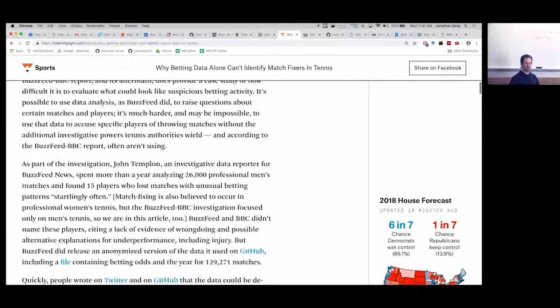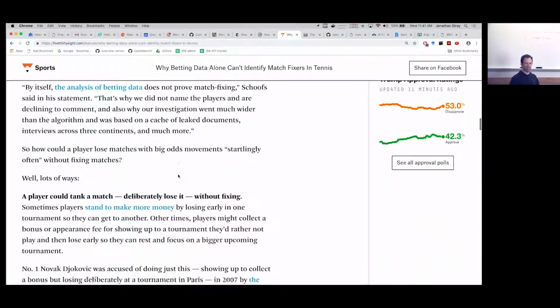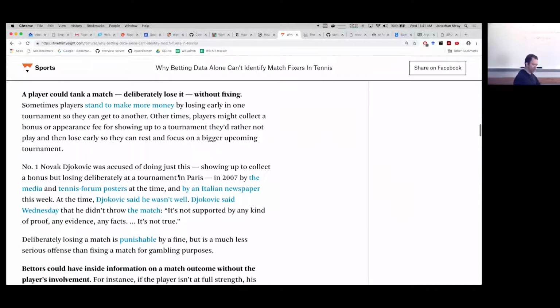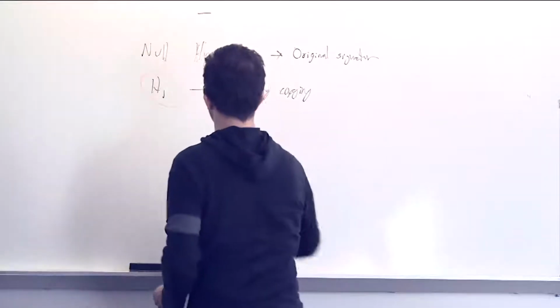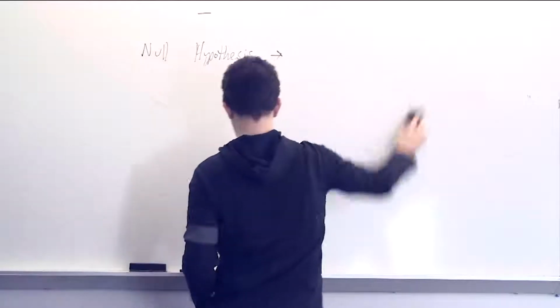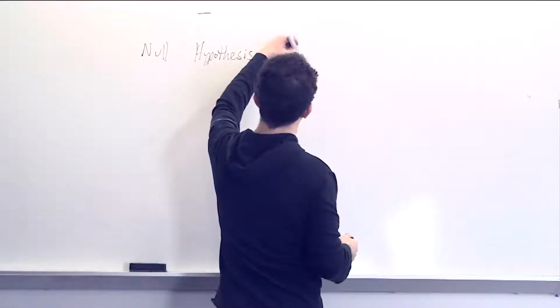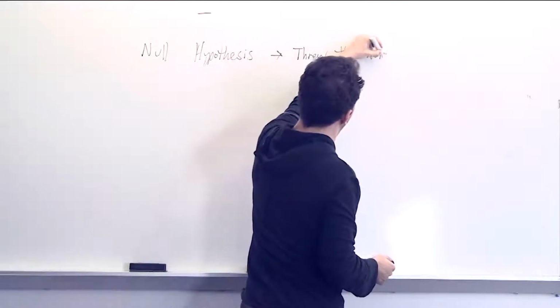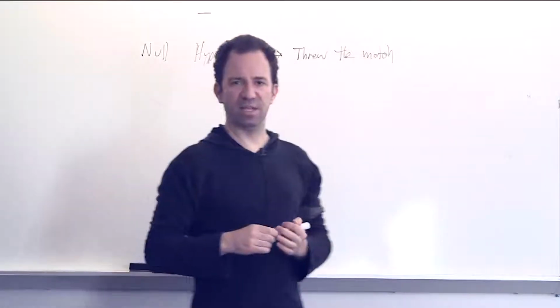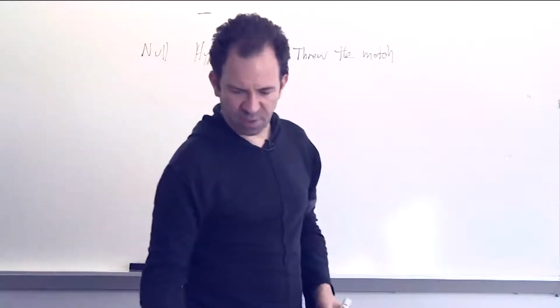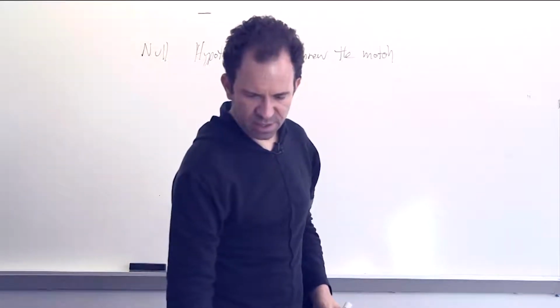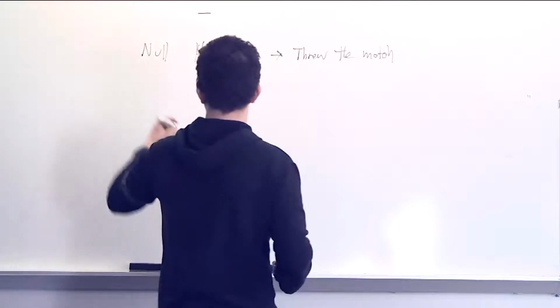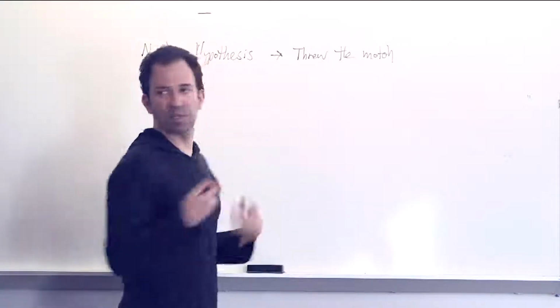One of the things they talk about is all of the other ways that a player can tank a match. It's the same sort of concept, right? Null hypothesis: the player is playing honestly through the match. And then the alternate hypotheses are things like deliberately losing.